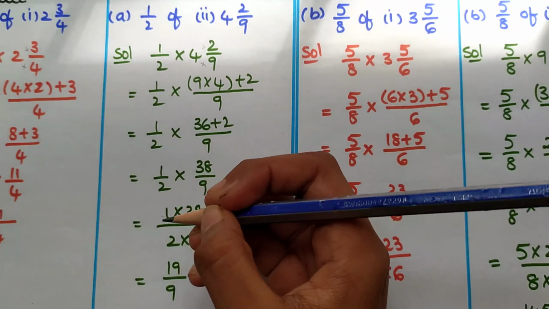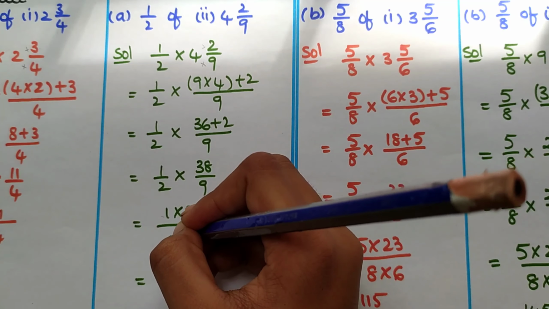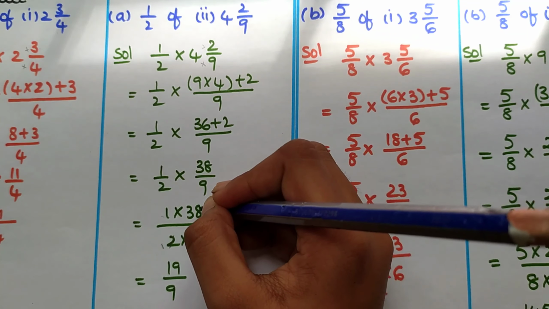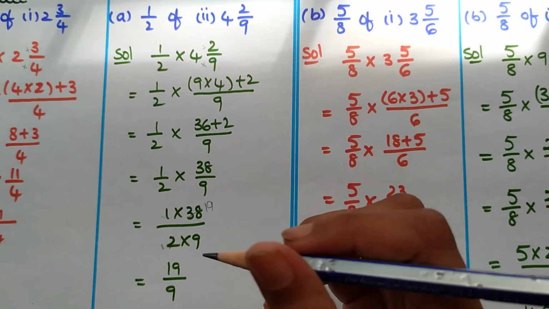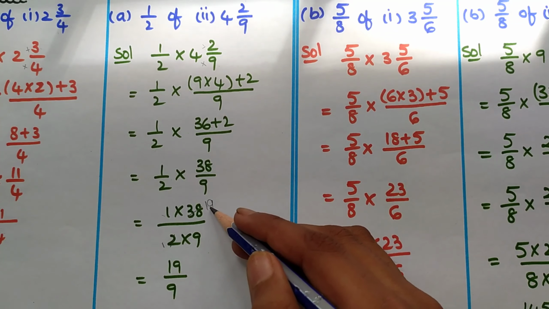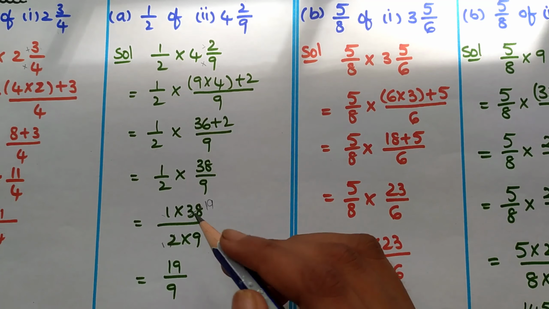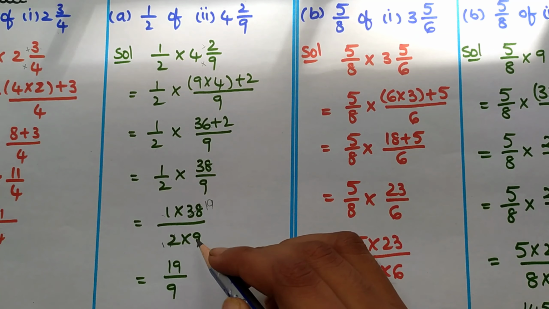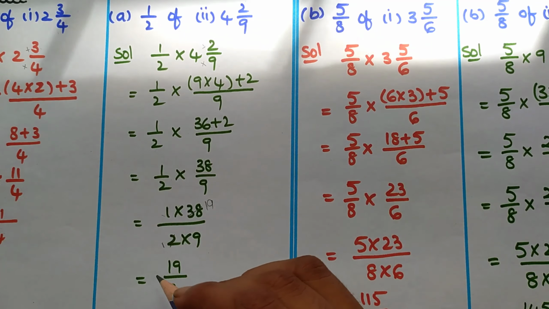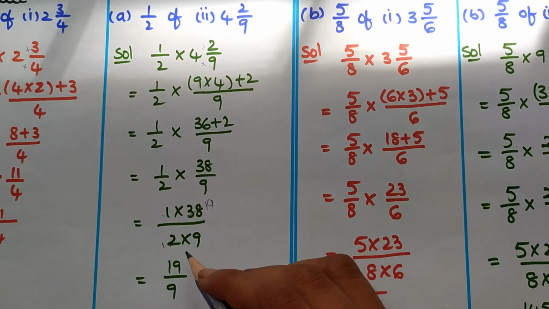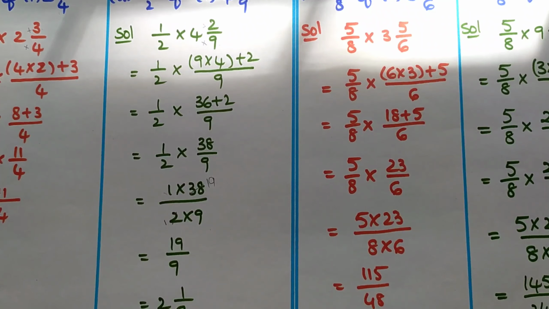If you observe, friends, here cancellation is possible. 2 ones are 2 and 2 19s are 38. So 1 into 19 by 1 into 9. 1 into 19 is 19 by 1 into 9 is 9. It is 19 by 9.